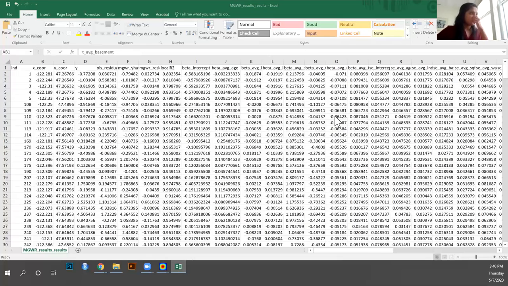The first question is about multicollinearity and how the variables are correlated. In MGWR, there are two kinds of collinearity that occur in regression and spatial regression. In simple regression, we would check the variance inflation factor, VIF, for all these variables.